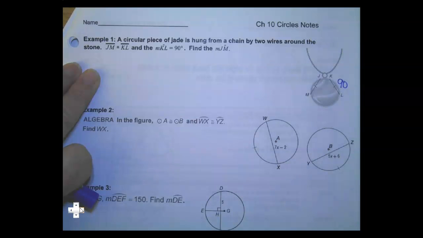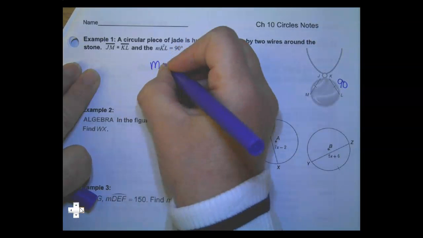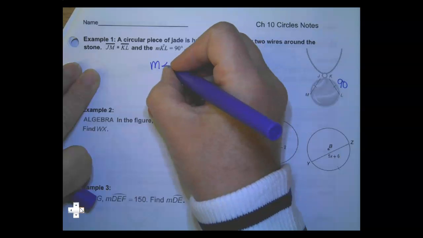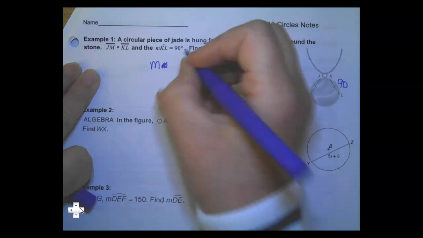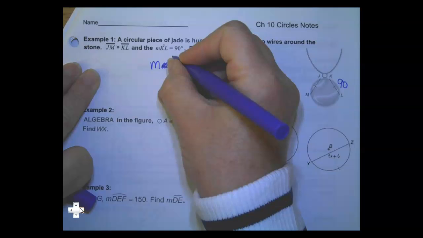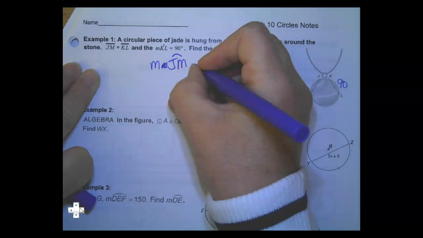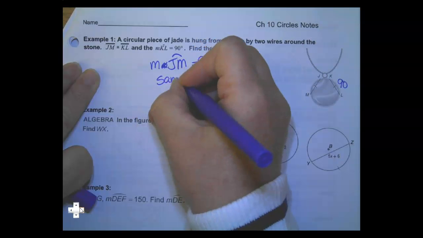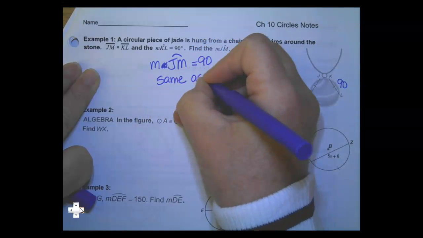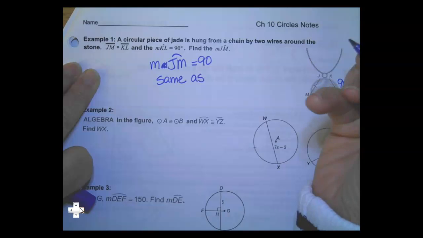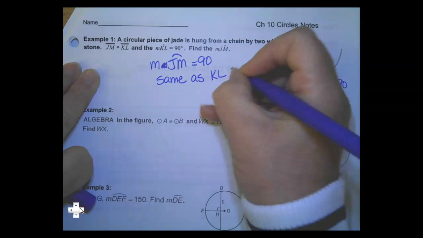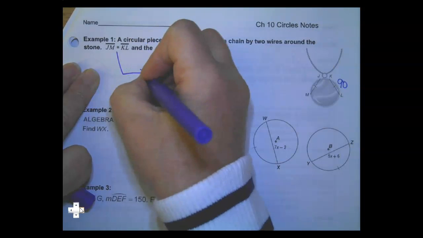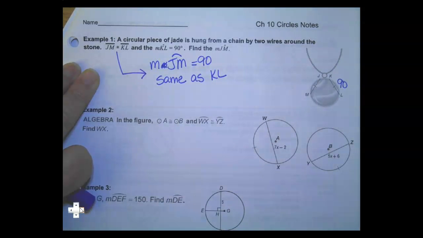Well, they're going to be the same. So the measure of arc JM is equal to 90, the same as KL, because of that. Okay.